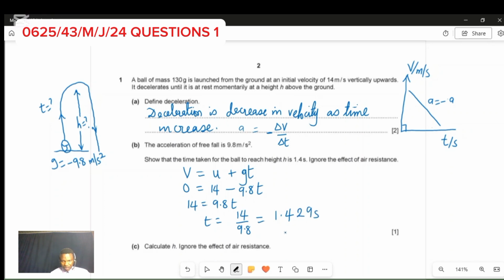So t is approximately 1.4 seconds. So we've been able to prove that.